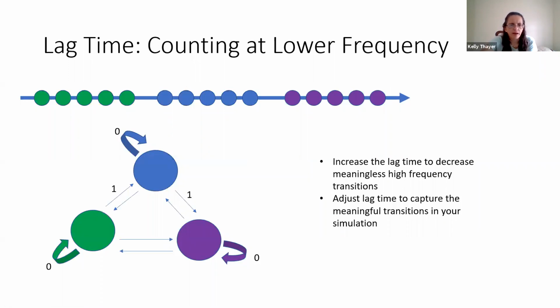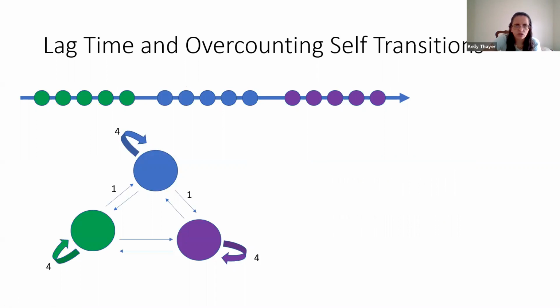Suppose we wanted to just count how many transitions we saw between the different states. Here we have green goes to green, goes to another green, goes to another green. These are the self-transitions. So that's 4 self-transitions where a green is followed by another green.